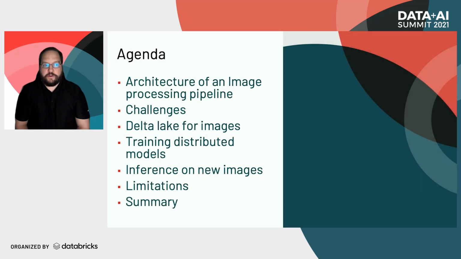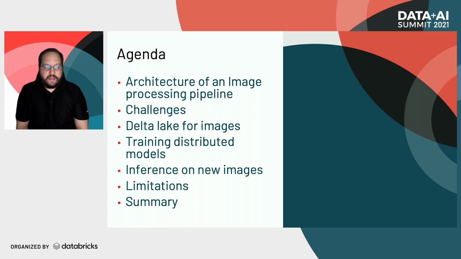What we'll go through is first a little architecture for an image processing pipeline, then some challenges, and then various techniques for operating with images as first-class citizens on Delta Lake. Then Rohit is going to cover training using distributed models and a couple of techniques there.